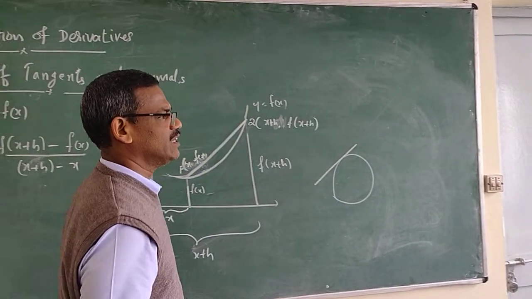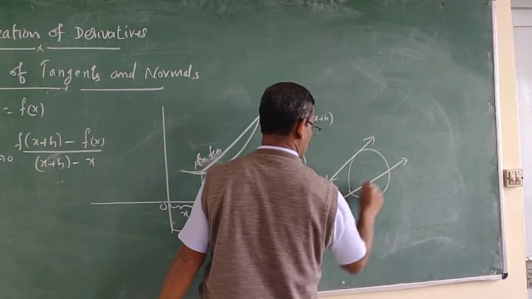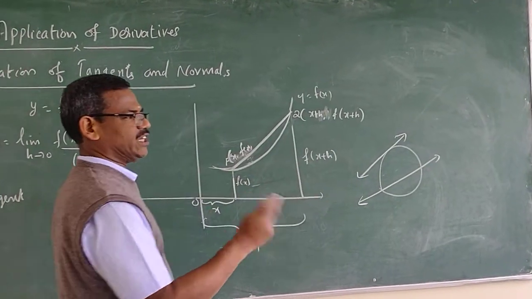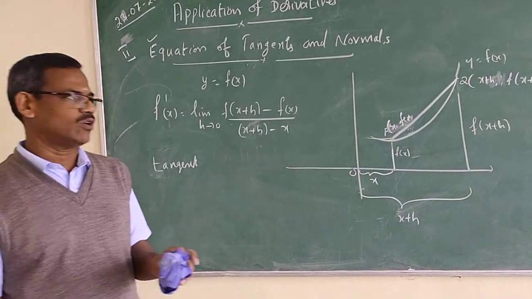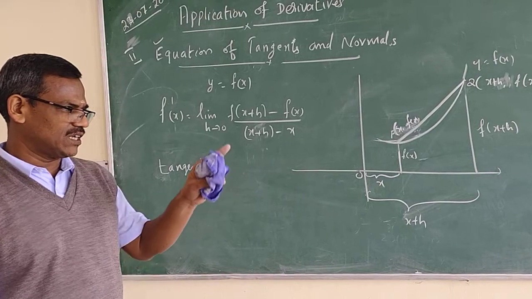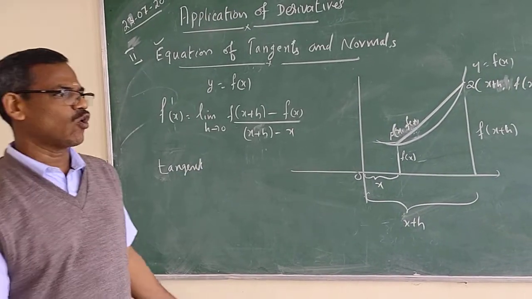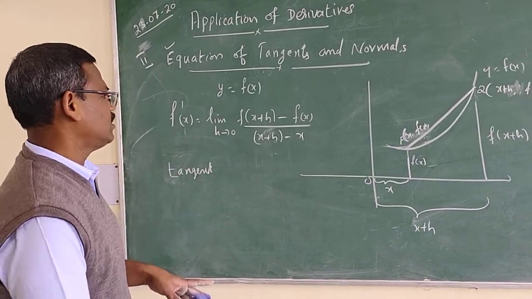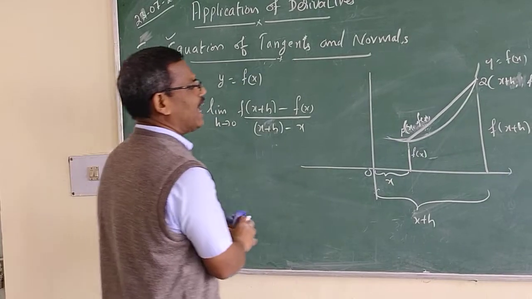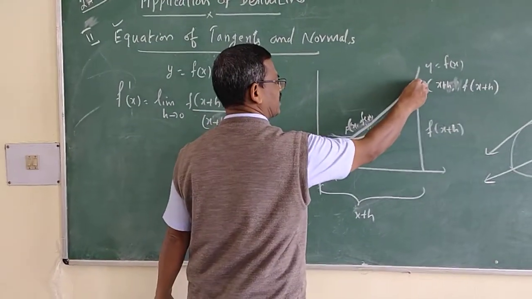This is a tangent, and this is a chord: if a line intersects the curve in two points, we call it a chord. These are the basic ideas you learned in geometry in the lower classes. Now see here, I can call this PQ the chord because it intersects the curve at two points.